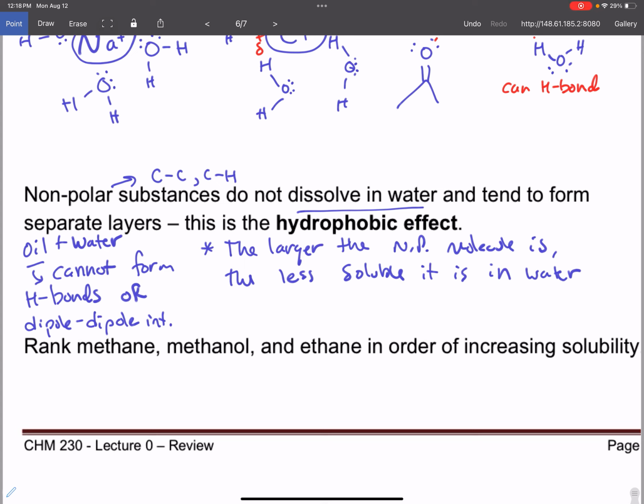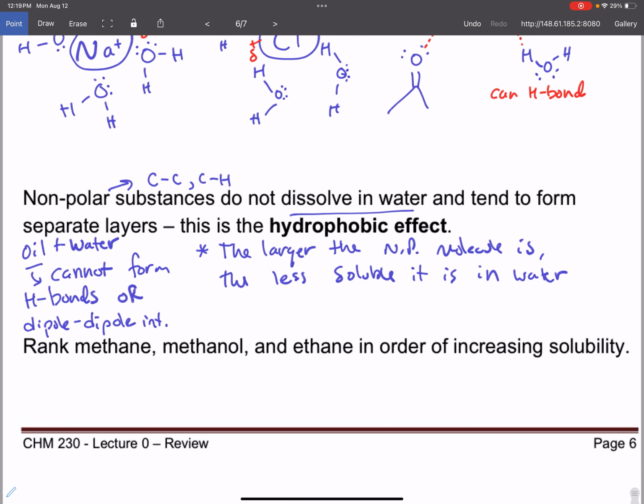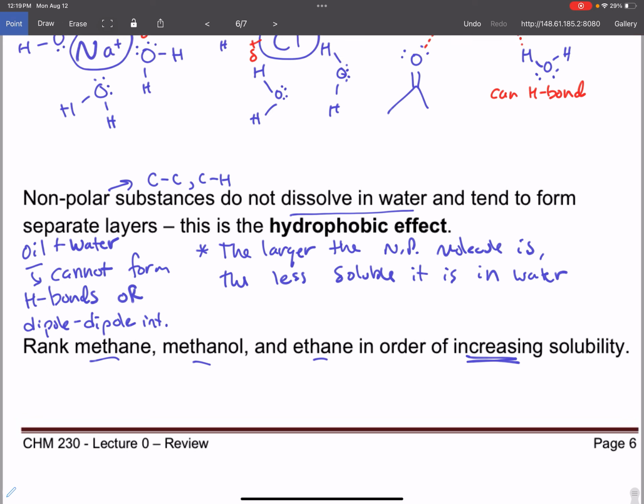But for now, let's think about solubility and how the three molecules we've been talking about will be soluble, and we'll rank them again by increasing solubility. Think about the types of interactions that can go on. I'll point out that methanol, as shown above, can hydrogen bond and has a dipole, so it's definitely polar. So methanol is going to be very soluble in water, for sure.